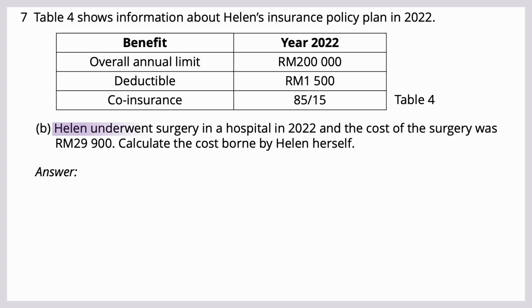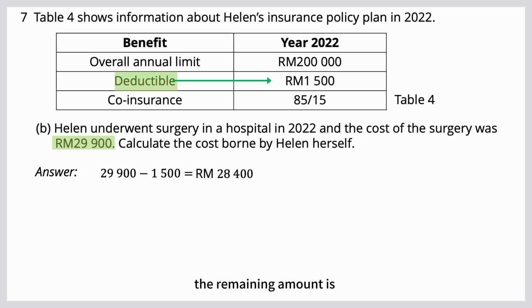B. Helen underwent surgery in a hospital in 2022. And the cost of the surgery was 29,900 ringgit Malaysia. Calculate the cost borne by Helen herself. The surgery cost is 29,900 ringgit Malaysia. Helen must first pay the deductible 1500 ringgit Malaysia. After deductible, 29900 minus 1500.